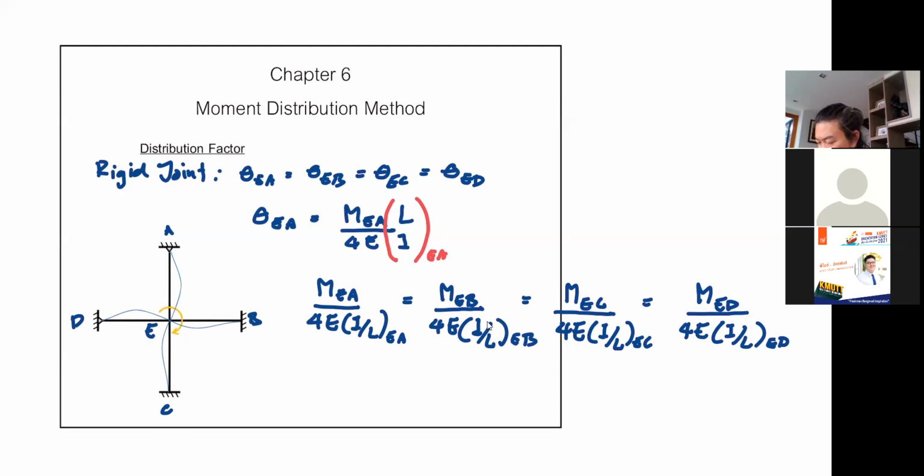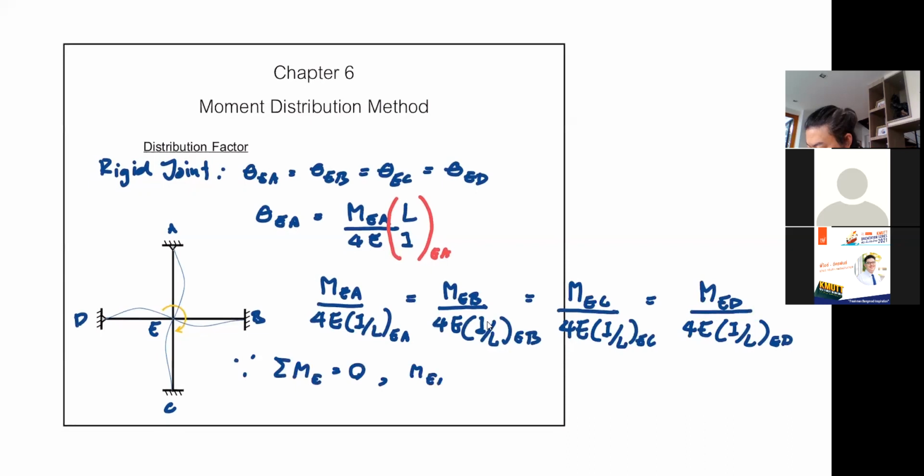Because sigma ME equal to 0, I can say that my MEA plus MEB plus MEC plus MED, and whatever I have as a sum of fixed moments over there, summation of FEM of joint E, must come down to 0.